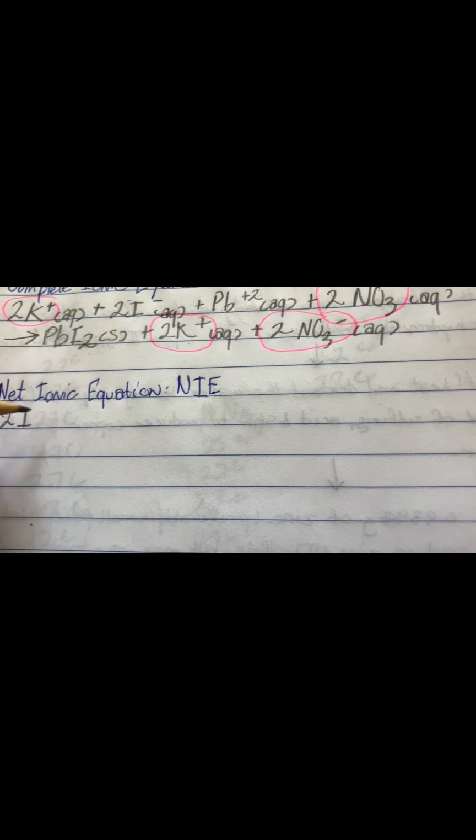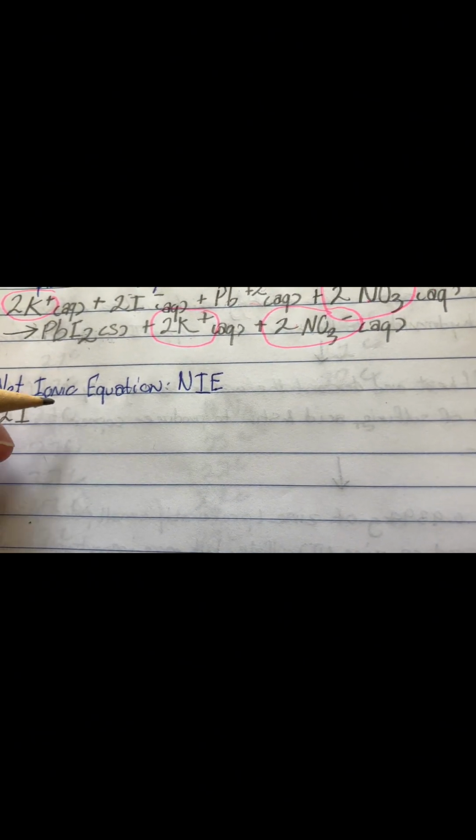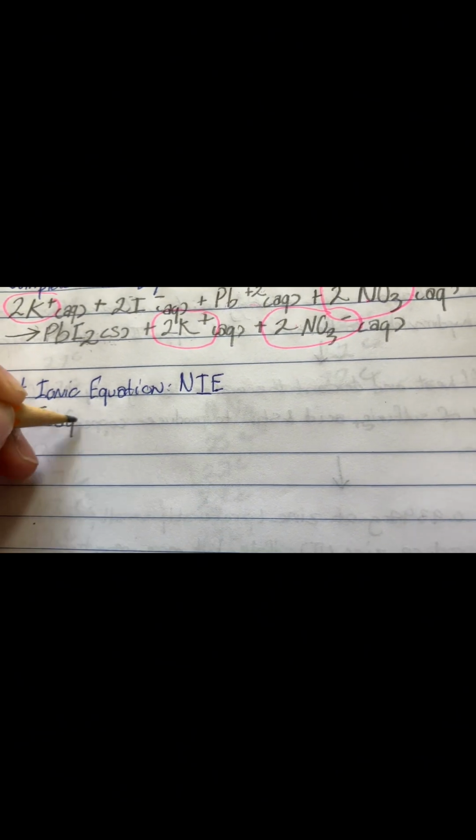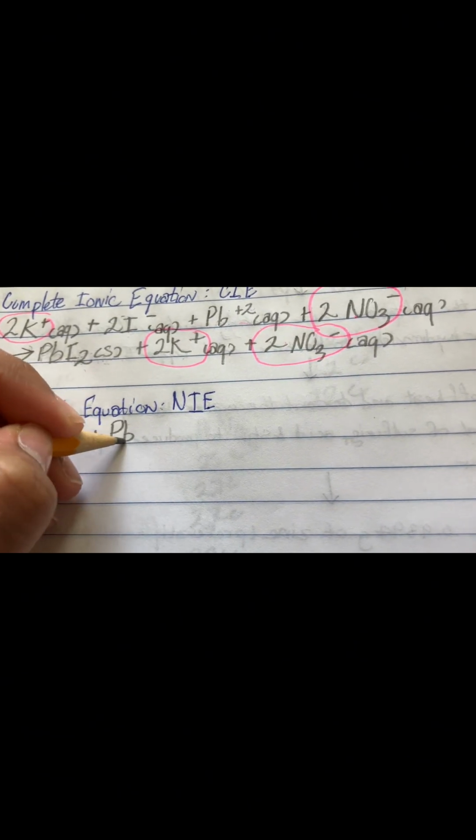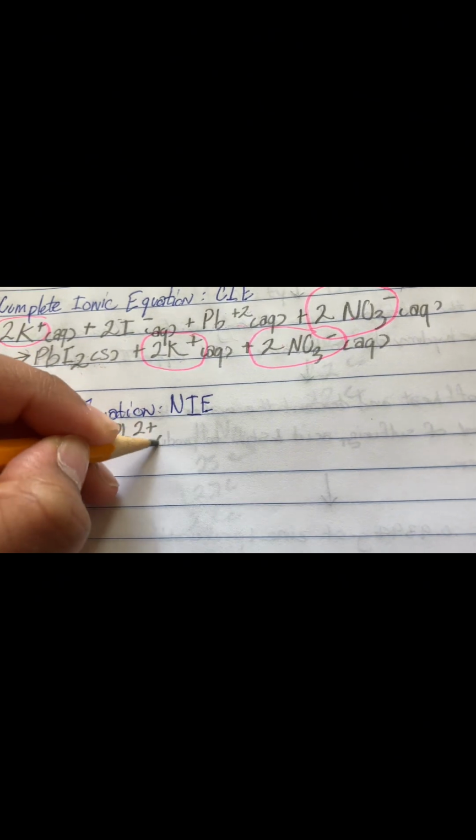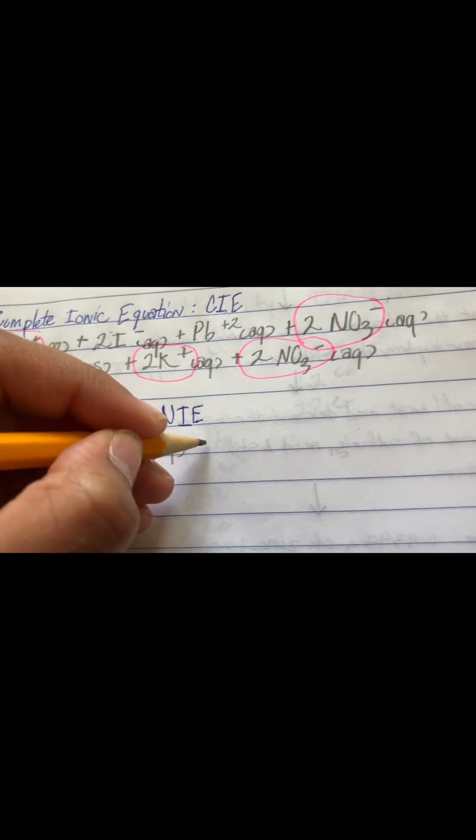We write 2I negative AQ plus Pb 2 plus AQ reacts to make lead iodide. And that is all to write that net ionic equation.